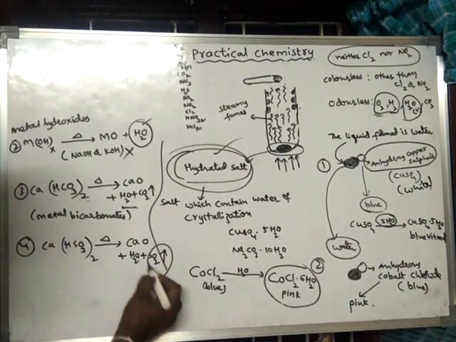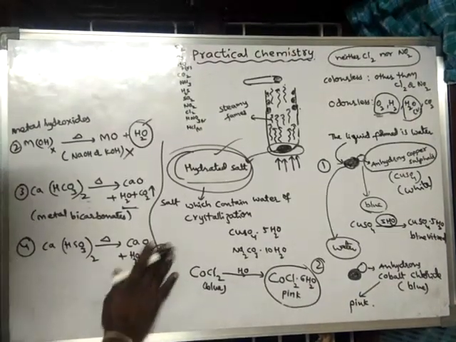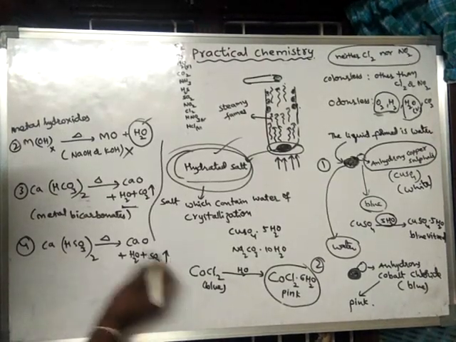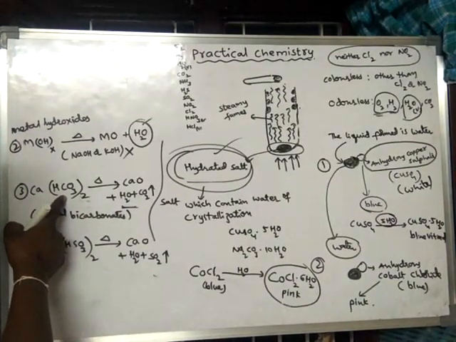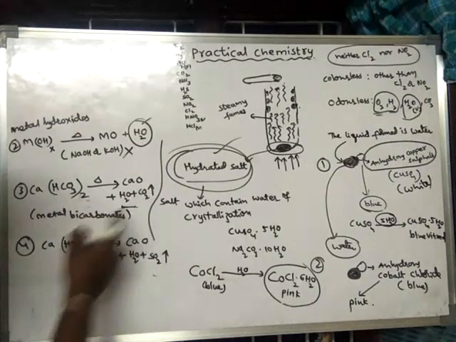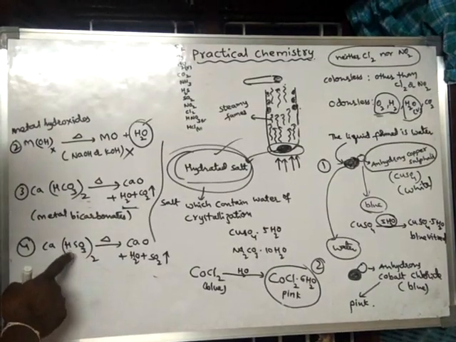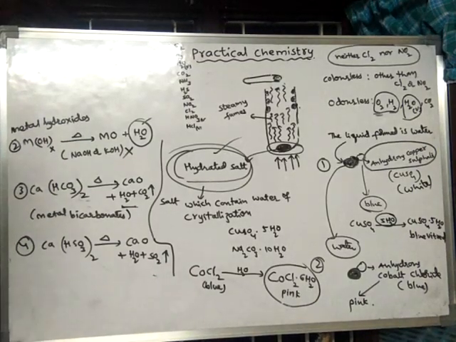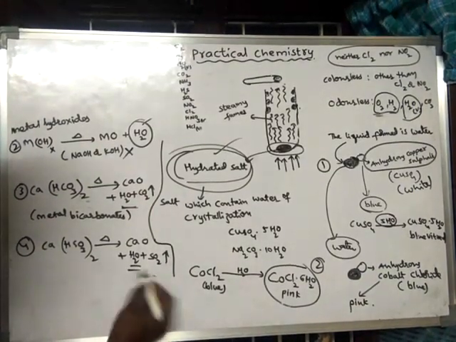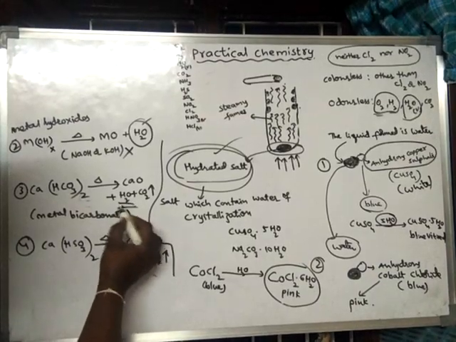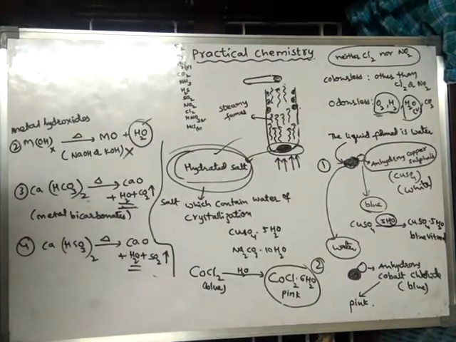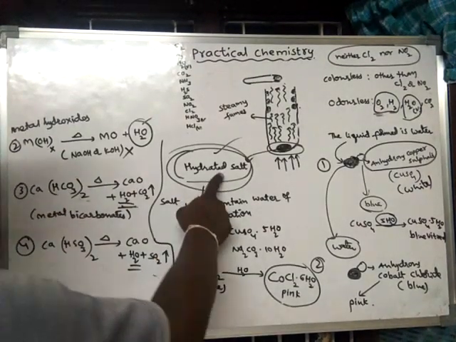Here SO2 is released. If it is bicarbonate, carbon dioxide gas is released. If it is bisulfite, SO2 gas is released. So in this way water is formed and it will be liberated in the form of vapor. So this is the best example.